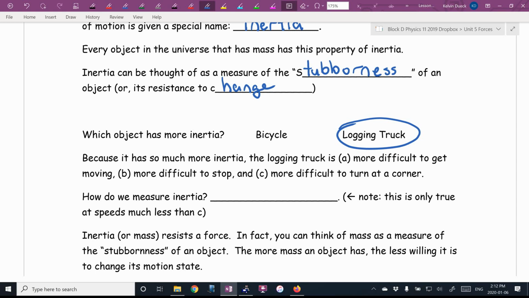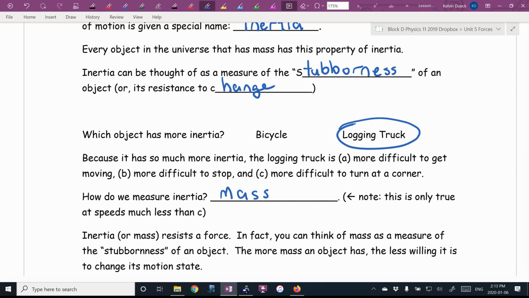How do we measure inertia? Here is some bad physics. I'm going to treat inertia and mass as the same thing. They are not. Because as you approach the speed of light, we learned last unit that mass increases. Really what I should have said last unit is that the inertia of an object increases.